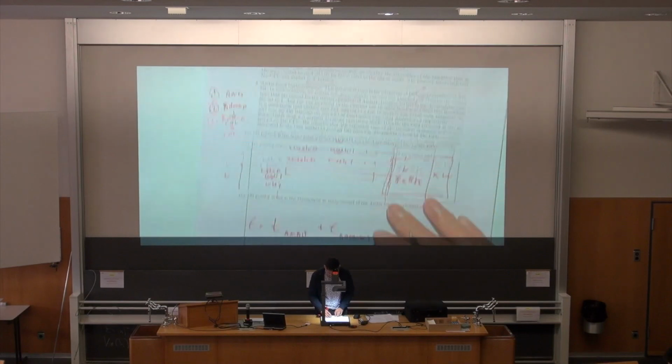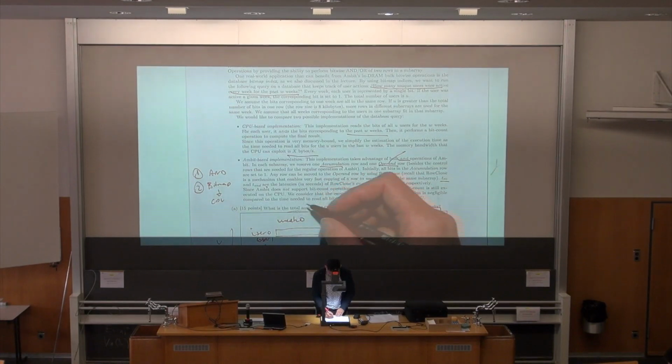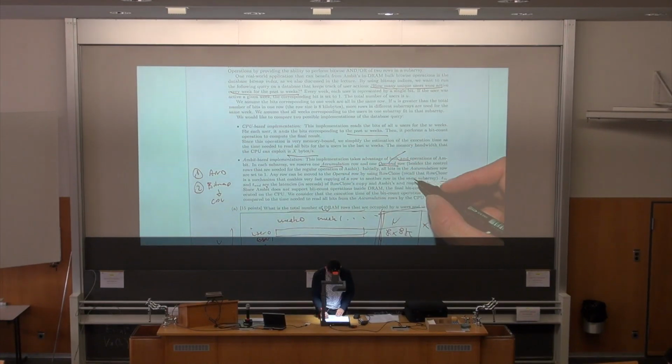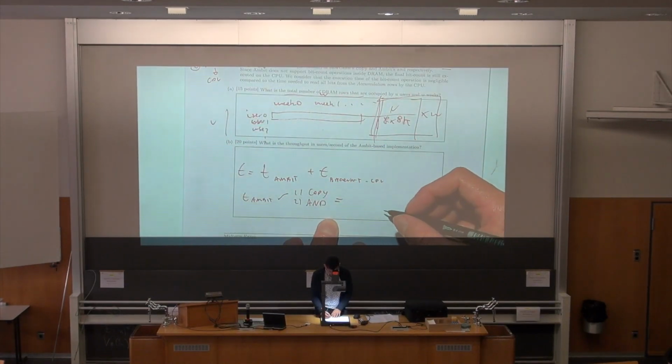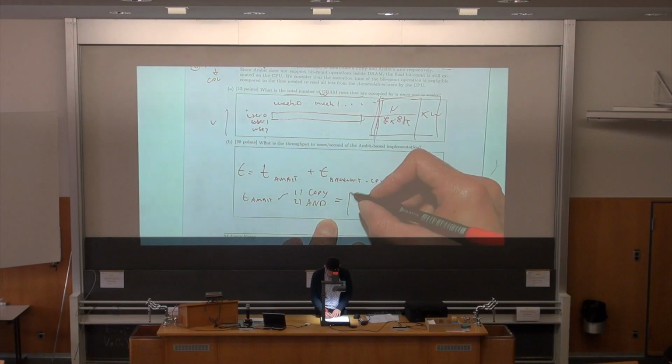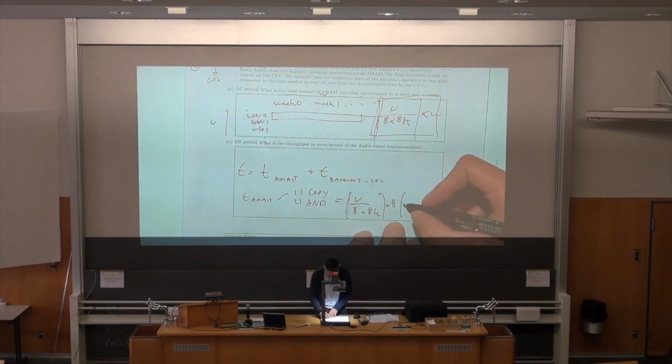And in the question they say that the time to do the copy is TRC, because we are using RowClone, and the time to do the AND is TAnd here. So in total, the time of ambit is going to be the total number of operations that you have, U divided by 8 times 8k times 8, multiplied by the time of doing the copy plus the time of doing the AND operation.